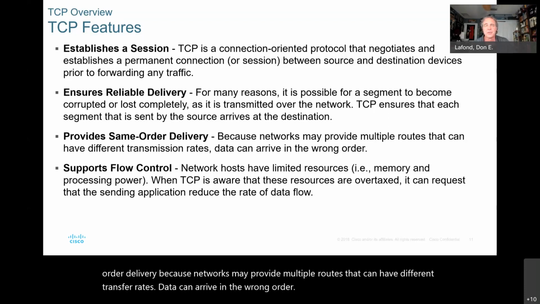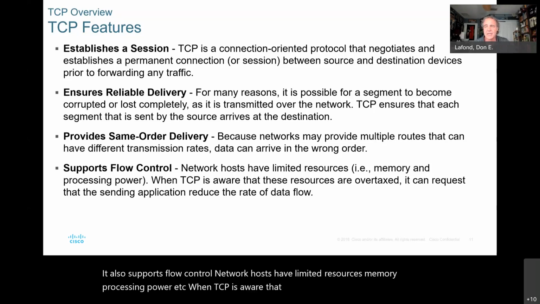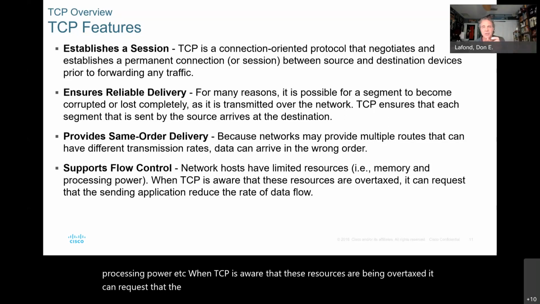It also supports flow control. Network hosts have limited resources: memory, processing power, etc. When TCP is aware that these resources are being overtaxed, it can request that the sending application reduce the rate of data transmit or expand the rate of data transmit.